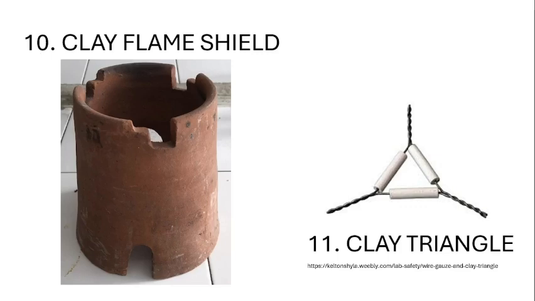Next is your clay flame shield here on the left. So it is made of clay, and it is used to resist heat and be a stable platform to hold other equipment such as your beaker and your crucibles while it is being heated over a Bunsen burner.